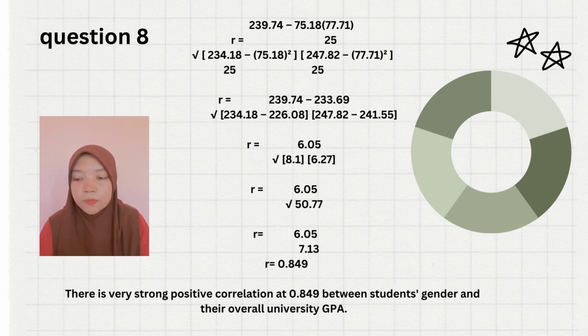And 239.74 minus 233.69 equals 6.05, divided by 8.1 bracket 6.27, equals 6.05 divided by 50.77, and equals 6.5 divided by 7.13 equals 0.849. There is a strong positive correlation at 0.849 between the students' gender and their overall university GPA.